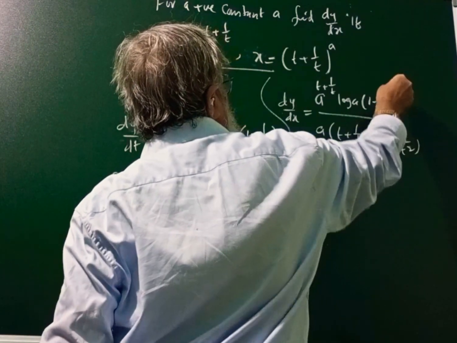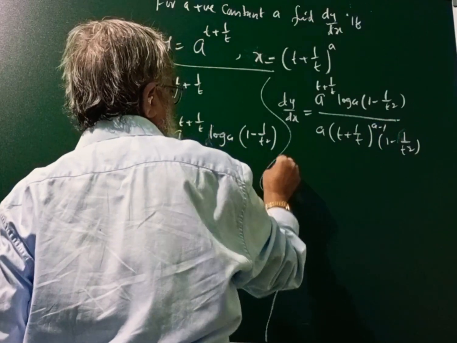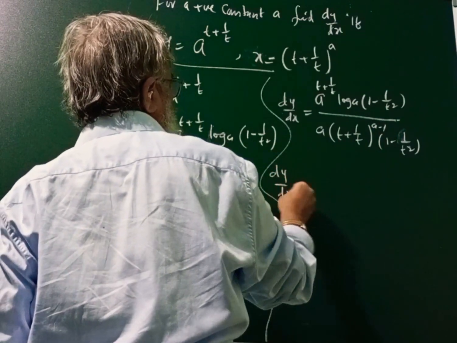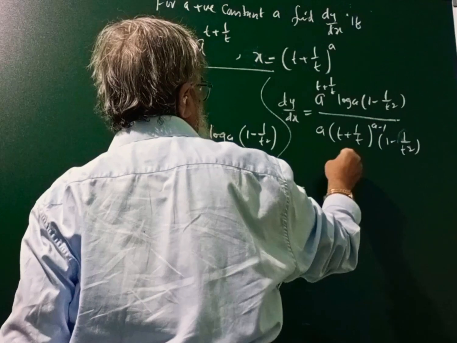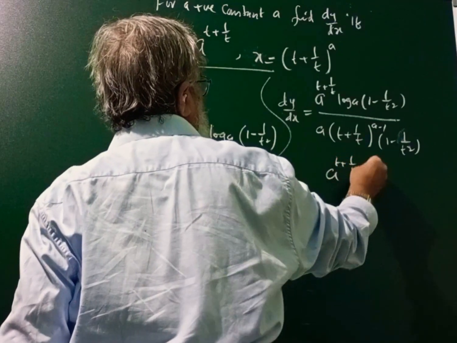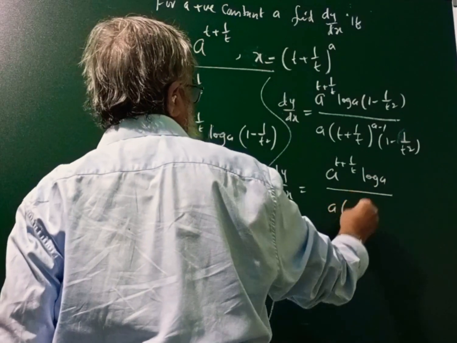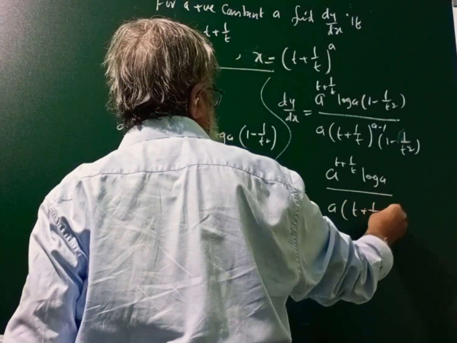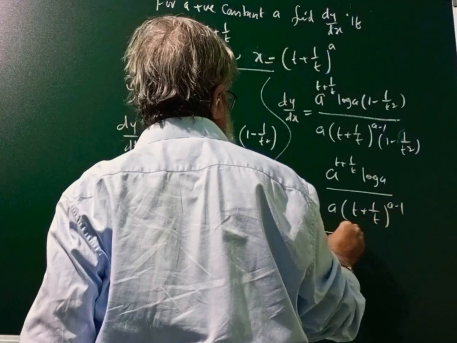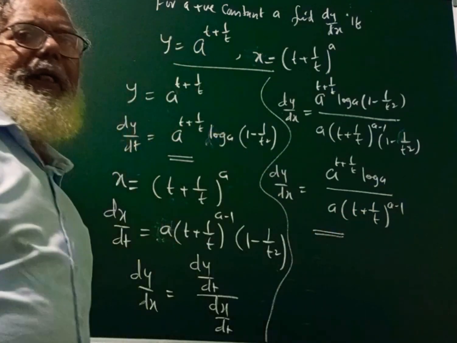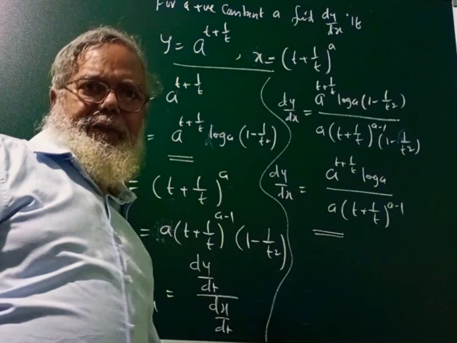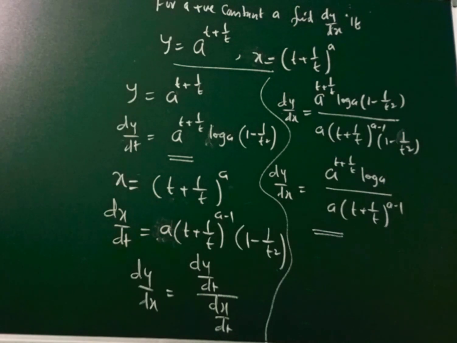Now you can see these two get cancelled, remaining is the answer. So dy by dx is equal to a raised to t plus 1 by t into log a divided by a into t plus 1 by t raised to a minus 1 is the value of dy by dx.